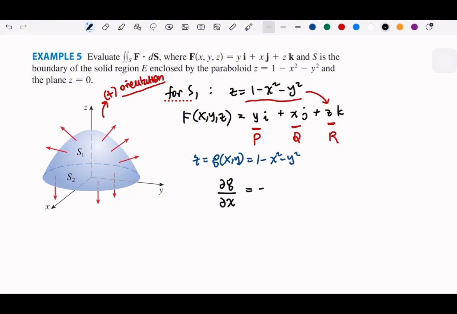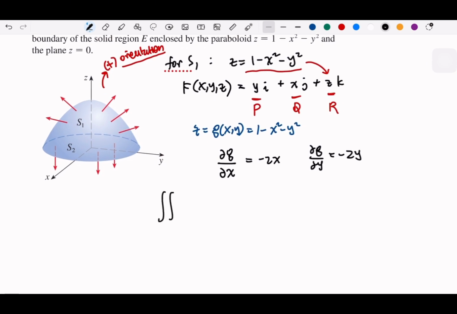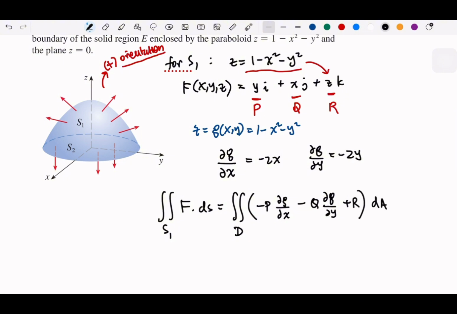Dou G dou X is negative 2x, dou G dou Y is negative 2y. So the surface integral for S1, F dot dS, okay.